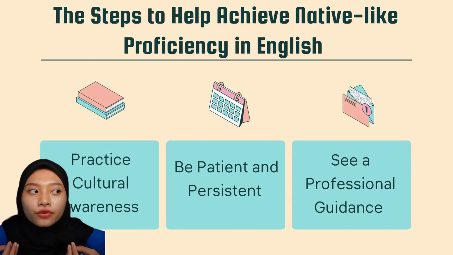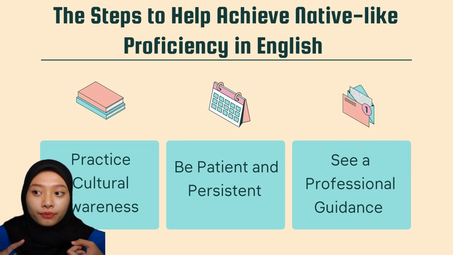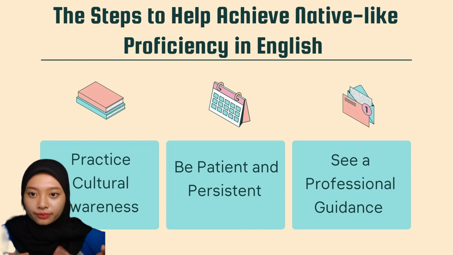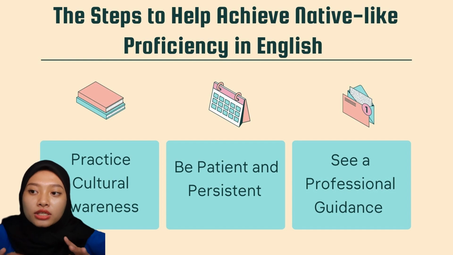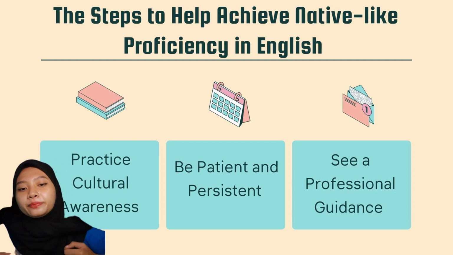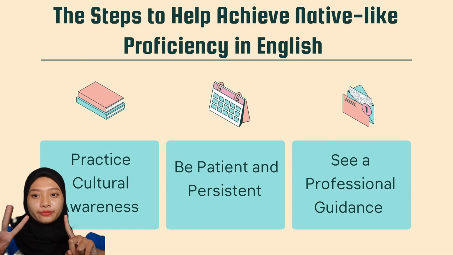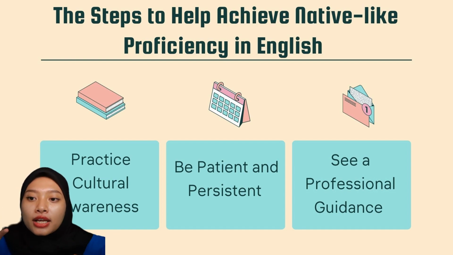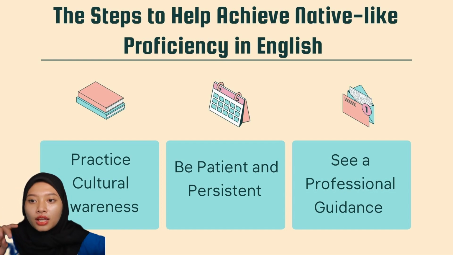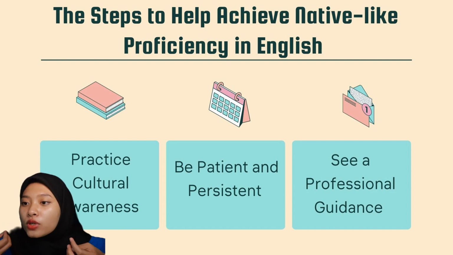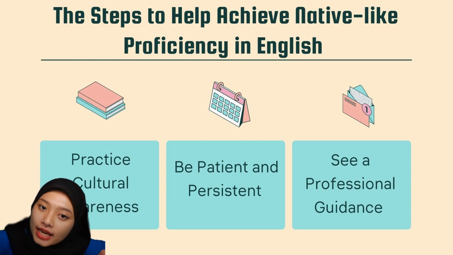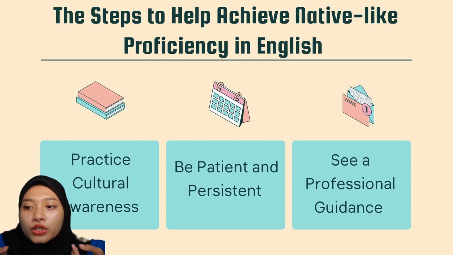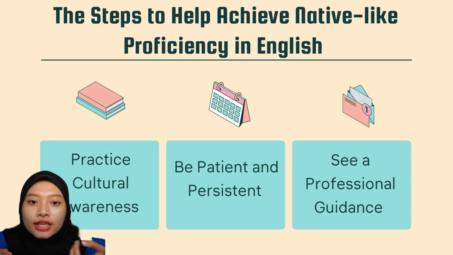Achieving native-like proficiency takes time and consistent effort. Stay patient, persistent, and committed to your language learning goals. 12. Seek professional guidance. Consider working with a language tutor or attending advanced English classes to receive personalized guidance and instruction.